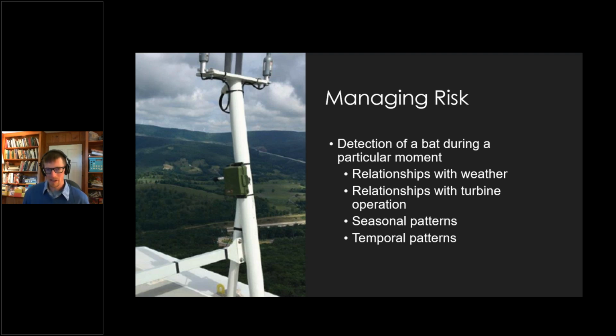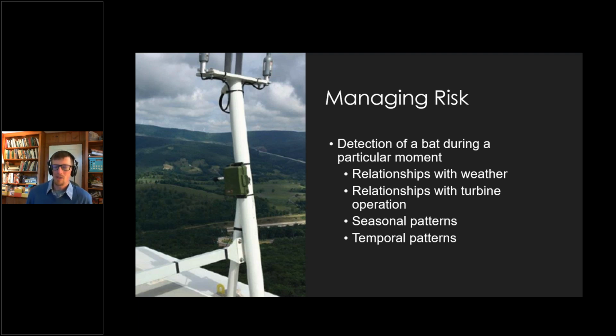We know curtailment works, but I think we need to get beyond the discussions of curtailment in terms of a specific cut-in speed and instead focus on what our goal is as far as reducing risk. With that information, you can take acoustic data and say, how high would we have to increase the cut-in speed in order to reduce exposure of bat activity by, say, 50% or 75%?